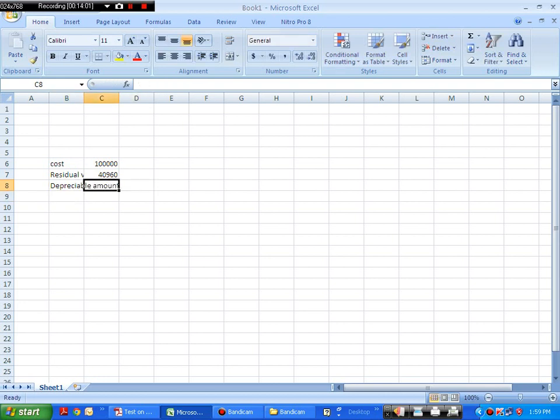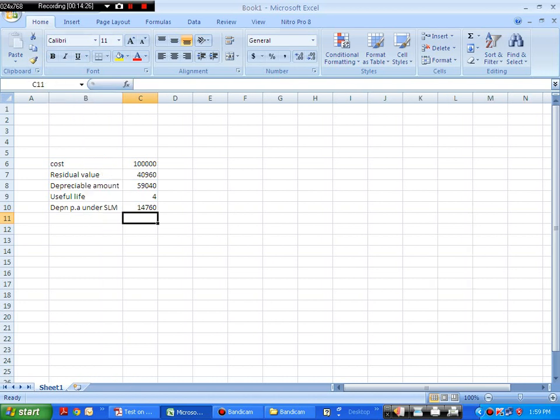Depreciable amount is equal to 59,040, and the useful life is 4 years. So the depreciation per annum under SLM will be 59,040 divided by 4, which is 14,760.